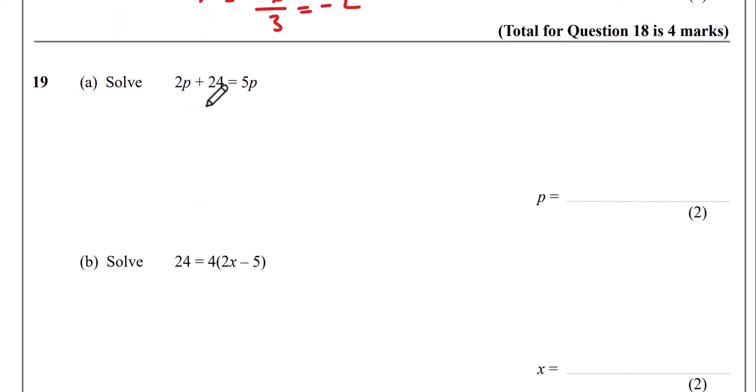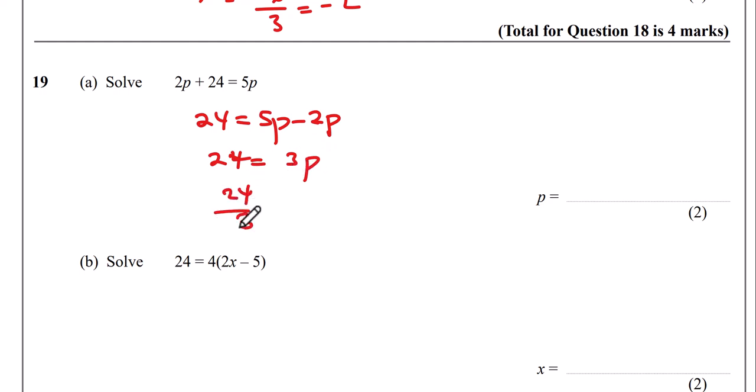And for this one, again I will subtract 2p on both sides, so that's 5p minus 2p, and 24 equals 3p, and p will be 24 divided by 3, and definitely that's going to be 8.